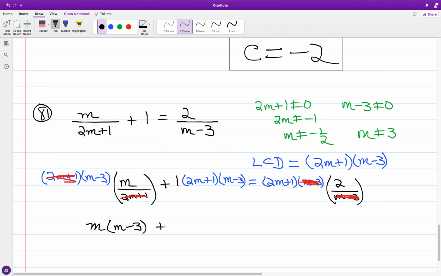And then if I FOIL out what I have here, I get 2m times m, so this will be 2m squared. Outside product is going to be negative 6m. Inside product we have plus m. Last product we have negative 3. And then we have 2m plus 1 multiplied by 2.